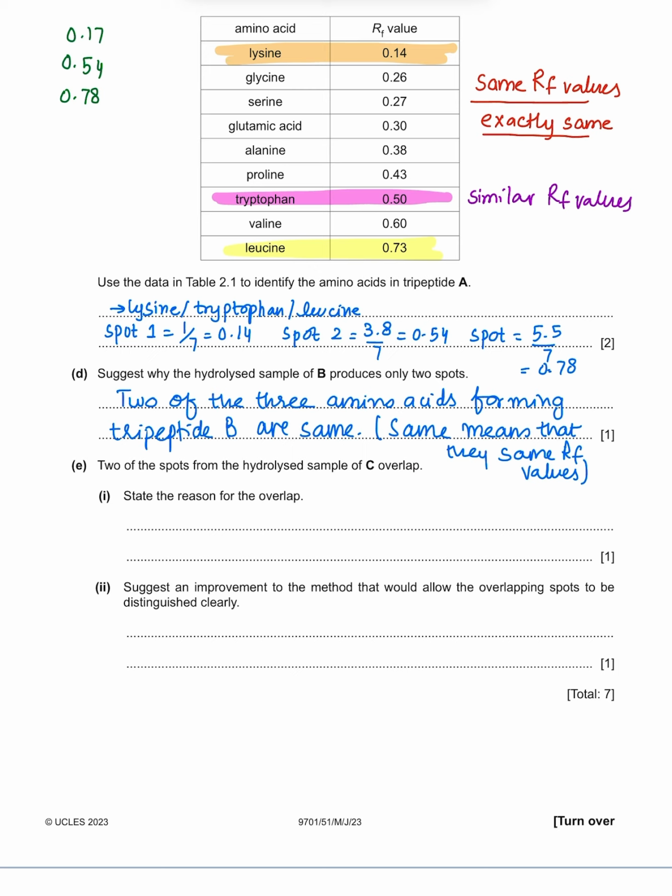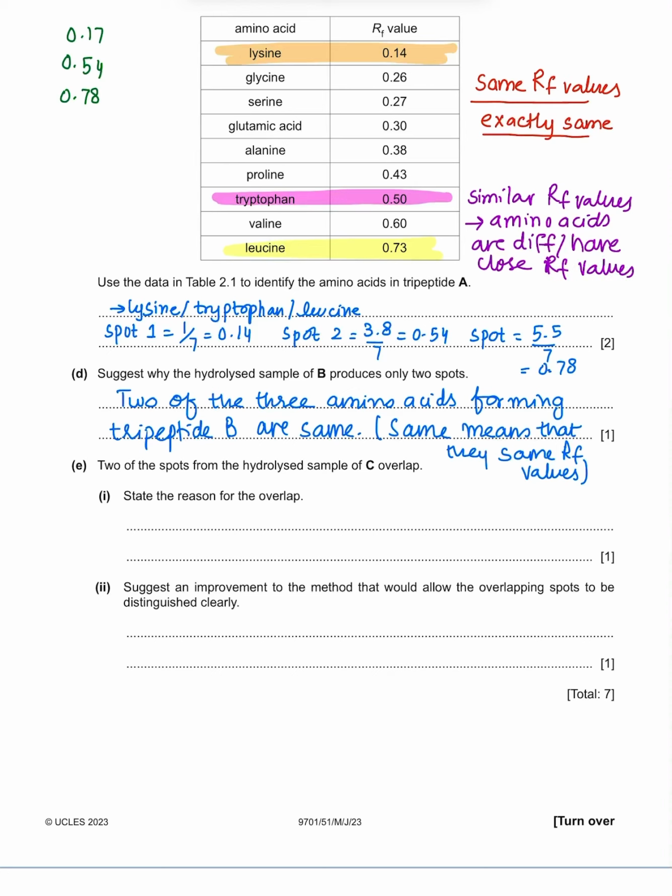And the similar RF values means that the 2 amino acids RF values are actually very close. They are not exactly the same. So amino acids are different. We can write for this one that this means that amino acids are different, but the amino acids have very closer RF values.